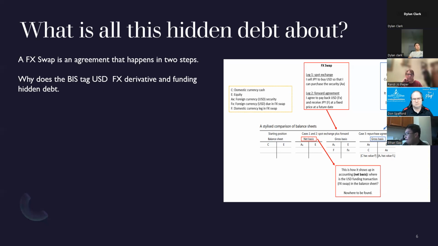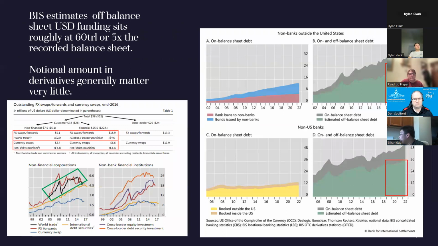As for how big the notional amounts are, the BIS estimates roughly off-balance sheet US dollar funding from entities outside the United States is in the $1 trillion ballpark, or 3x the recorded one on the balance sheet.